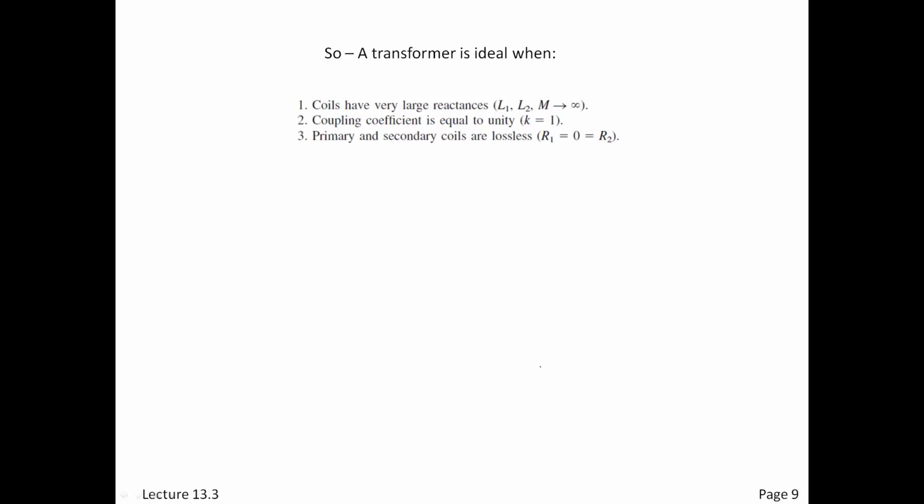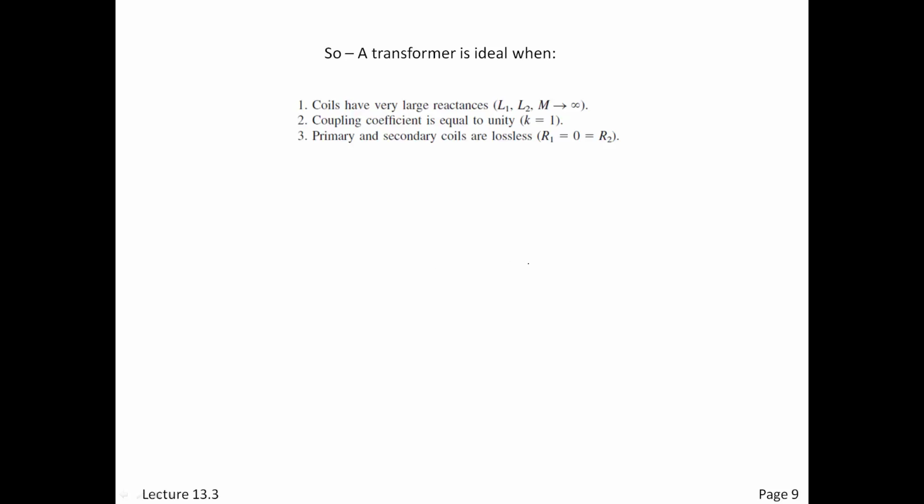So a transformer is ideal when, let me just summarize as the book does, when the coils have very large reactances, and that drives M to infinity. The coupling is unity, and we can get that a lot with iron cores. If you look at any real transformers, household bell transformers, any significant transformers, they're wound on iron cores with tightly coupled coils.